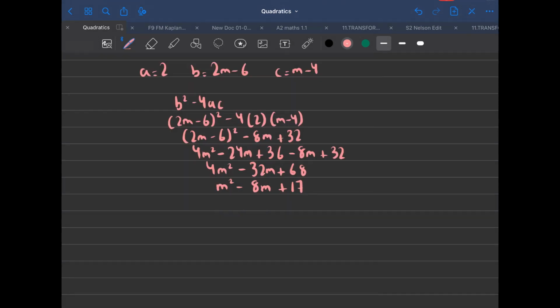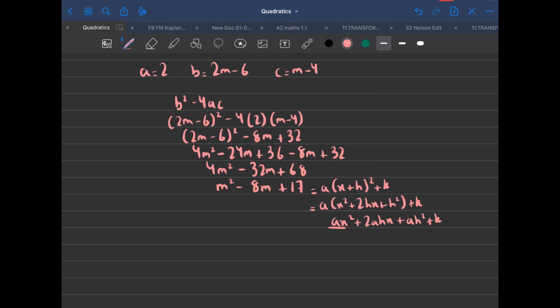Now m squared minus 8m plus 17. Whenever you need to show something like this, always convert it to the completing the square form. How do you do that? Expand this: a(x plus h) squared plus k, which is ax squared plus 2ahx plus ah squared plus k.